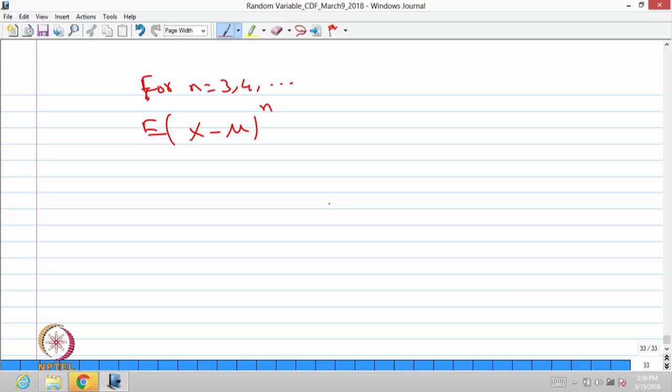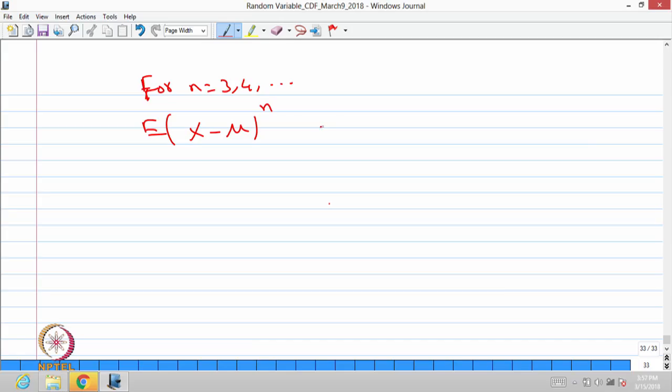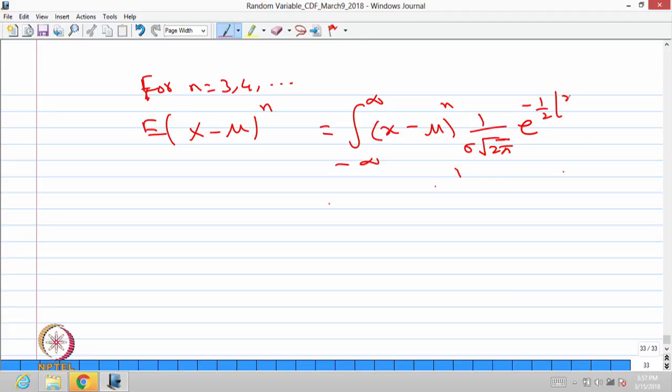So we are computing the nth order moment about the mean from 3 onwards, that is the integral from minus infinity to infinity of (x minus mu, mu is the mean) power n times 1 divided by sigma square root of 2 pi, e power minus 1 by 2 (x minus mu by sigma) whole square dx.